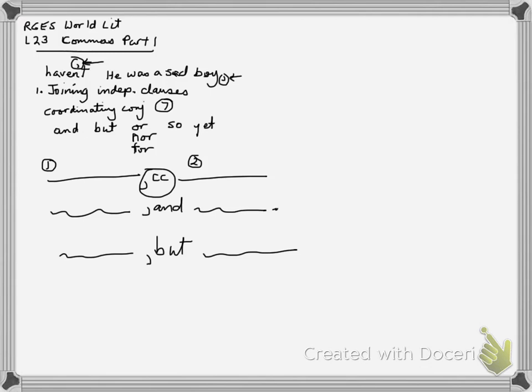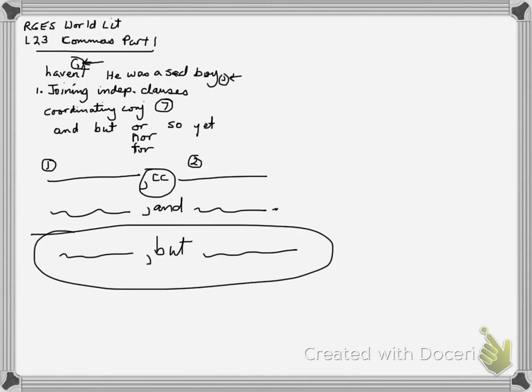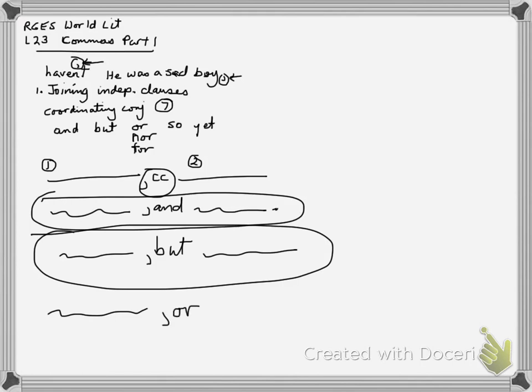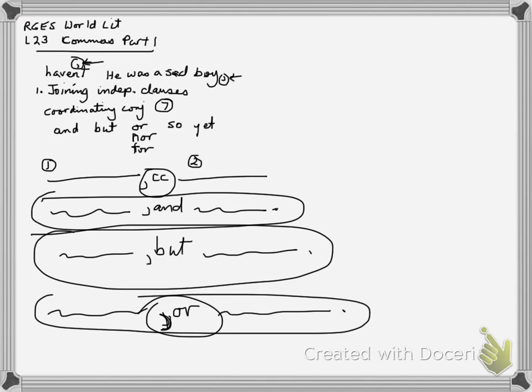We call this whole thing a compound sentence. The next one: we can go to the movies tonight, comma, or we can just stay home. Again, with a period at the end, joined with a comma and a coordinating conjunction, and we call it a compound sentence.